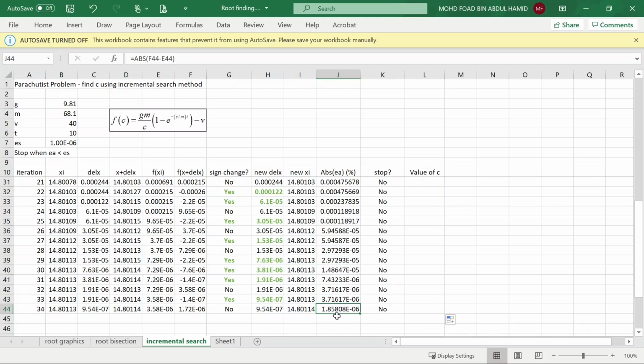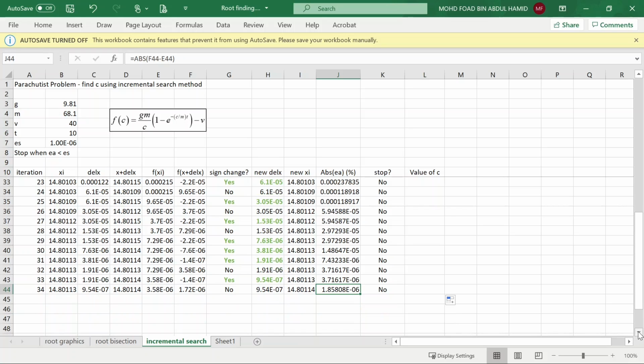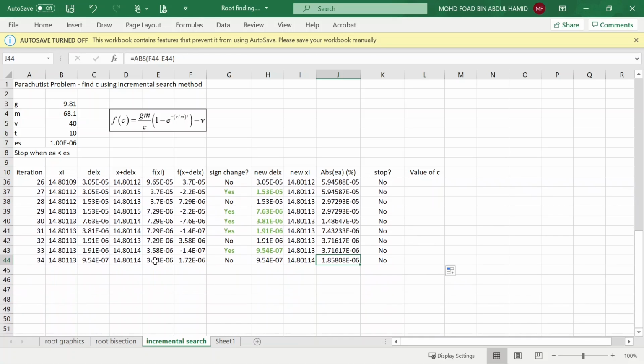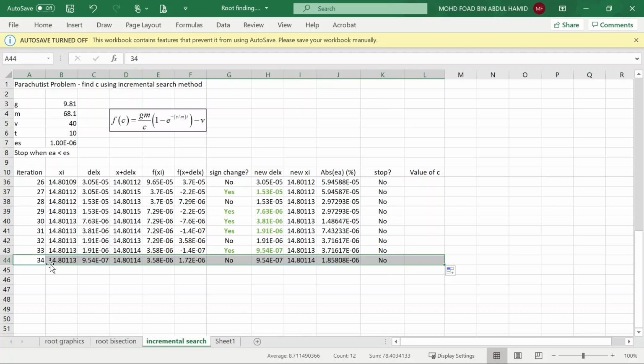But take a look at the absolute error now. It is very close to less than 10 to the minus 6. Maybe a few more, maybe 2 or 3 more iterations, then we can hopefully get the value. Okay, let's do this.